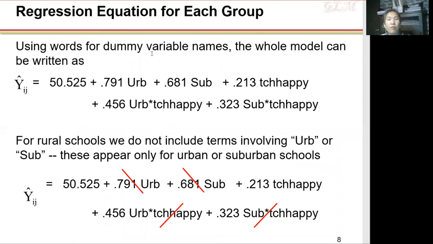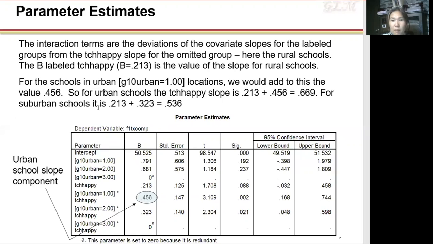Anyway, using words for the dummy variable names, the whole model can be written this way. So how did you get this one? This is from here. You get that equation from this coefficient table, the parameter estimate table.